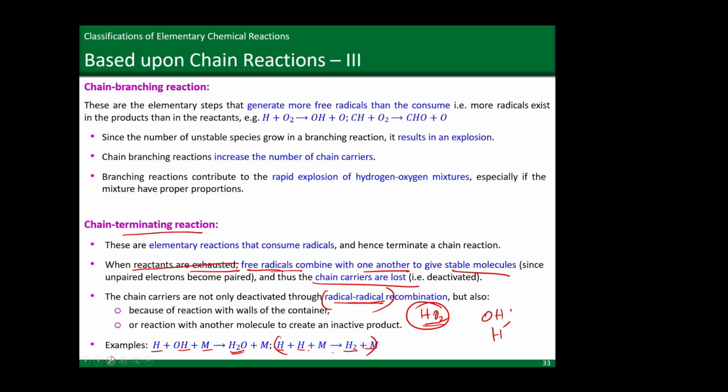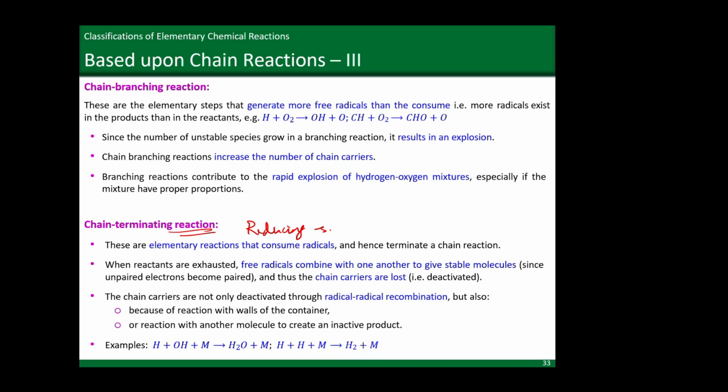The key point is that this is the reaction that consumes radicals. So the number of radicals on the product side is less than the number of radicals on the reactant side. That's a very key point. Okay, in most cases you go to stable species, but you surely have to reduce. And if you look at it, this is the only reaction where we are reducing the number of radicals as we go from reactants to products.